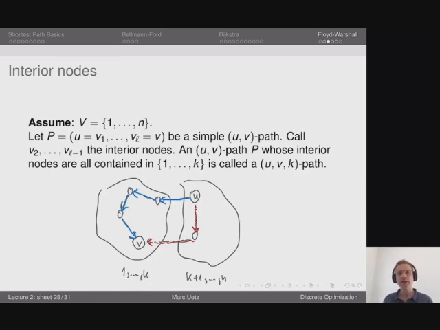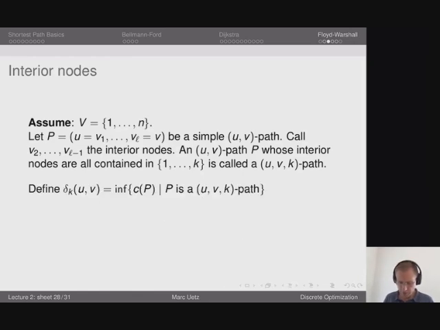And I define the shortest possible distance, also with that restriction, and I call that delta k from u to v. So that's the infimum among all the paths from u to v, restricted to intermediate nodes 1 up to k. Now, what's the idea?